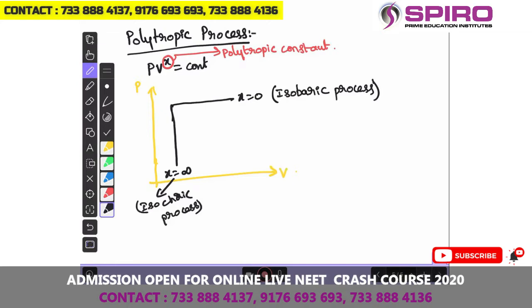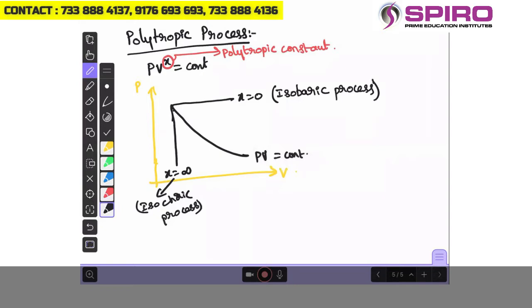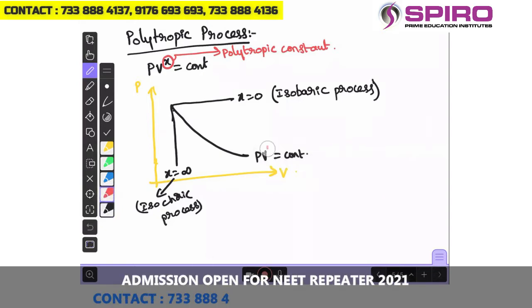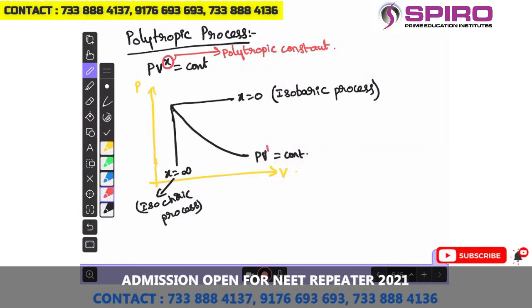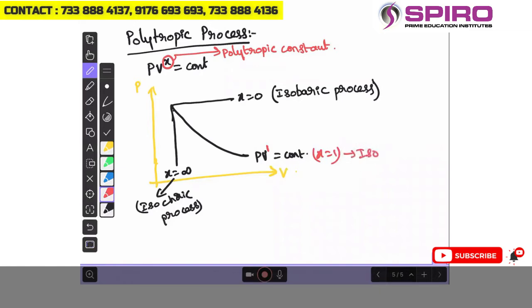And you know, X equal to 1 for isothermal process. This is somehow like this. PV equal to constant. PV equal to constant means what was the value of X? X was taken as 1. So X equal to 1 for isothermal process. This is nothing but isothermal process.